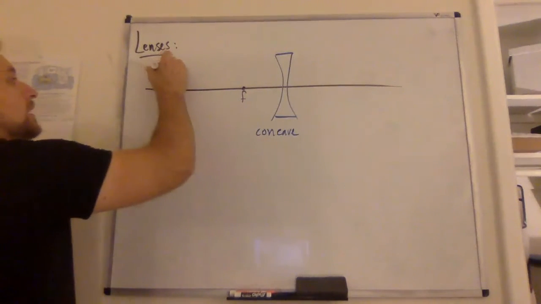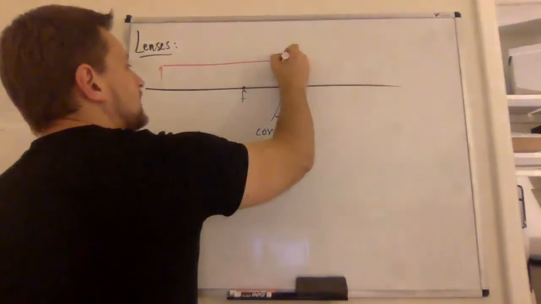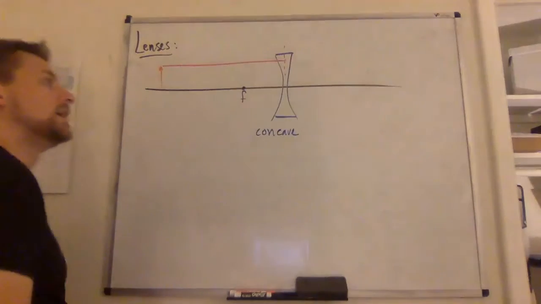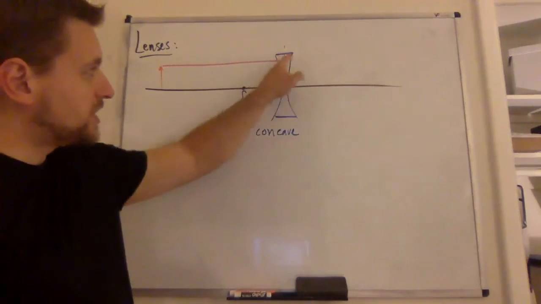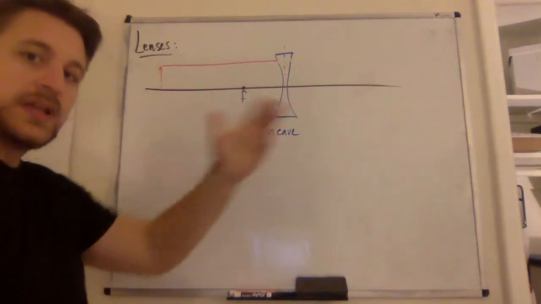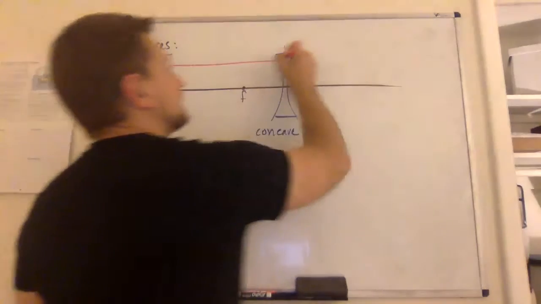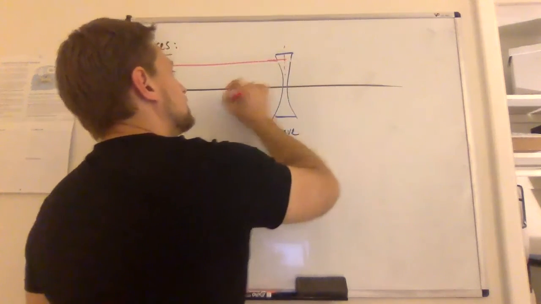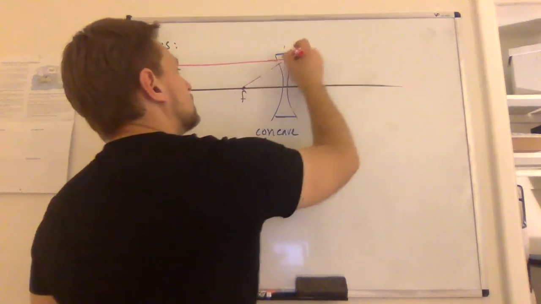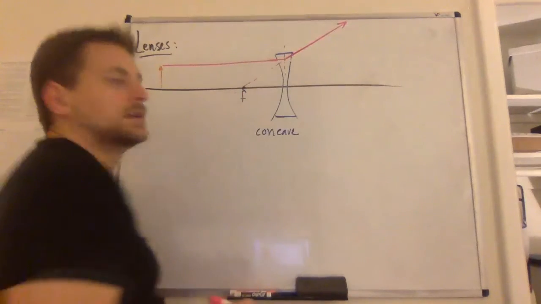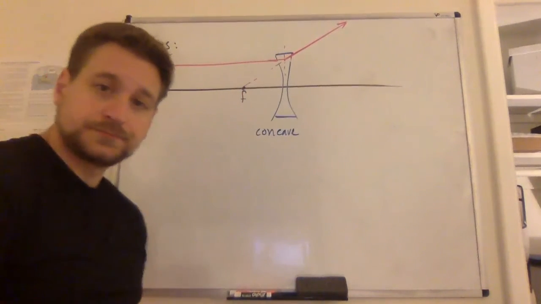An incoming ray that is parallel to the optical axis has a small little jog of refraction here. We approximate that by saying that it continues to the middle and then bends such that it goes through the focal point. Just like a mirror.